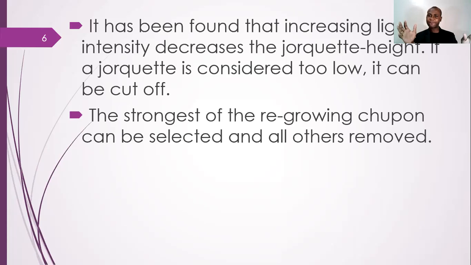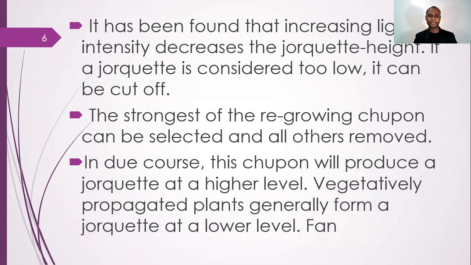If you want to allow any chupon to grow for any reason, then you have to select the most healthy looking one, and cut the rest off. So maybe you want to allow 2 stems, which means that any other stem growing needs to be cut off. In due course, the chupon will produce a jockey at a higher level.